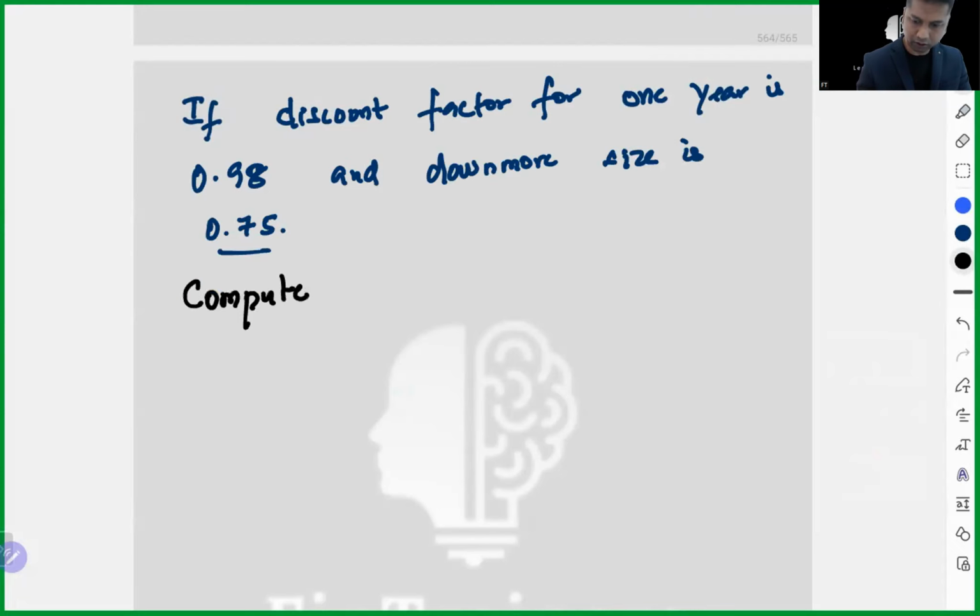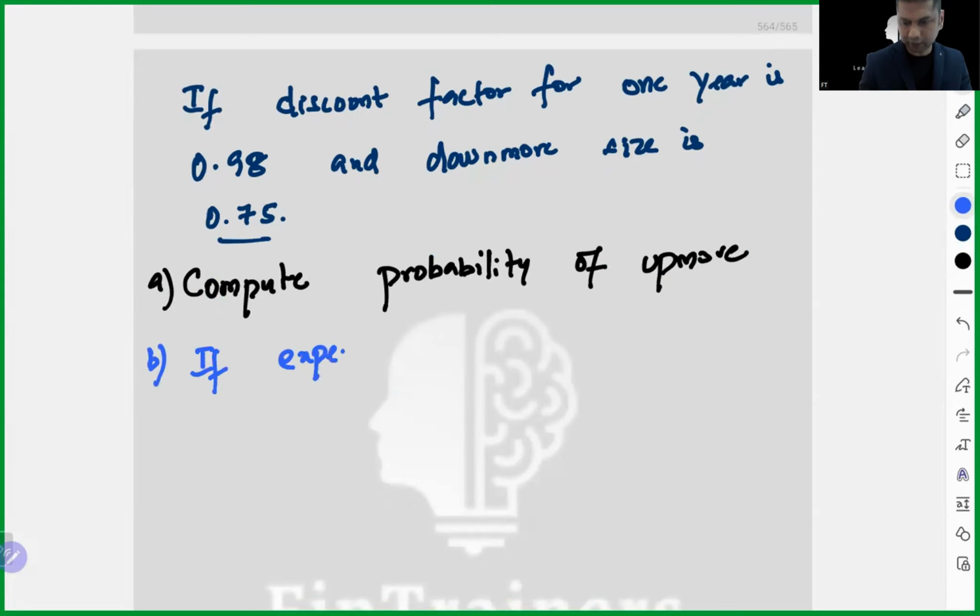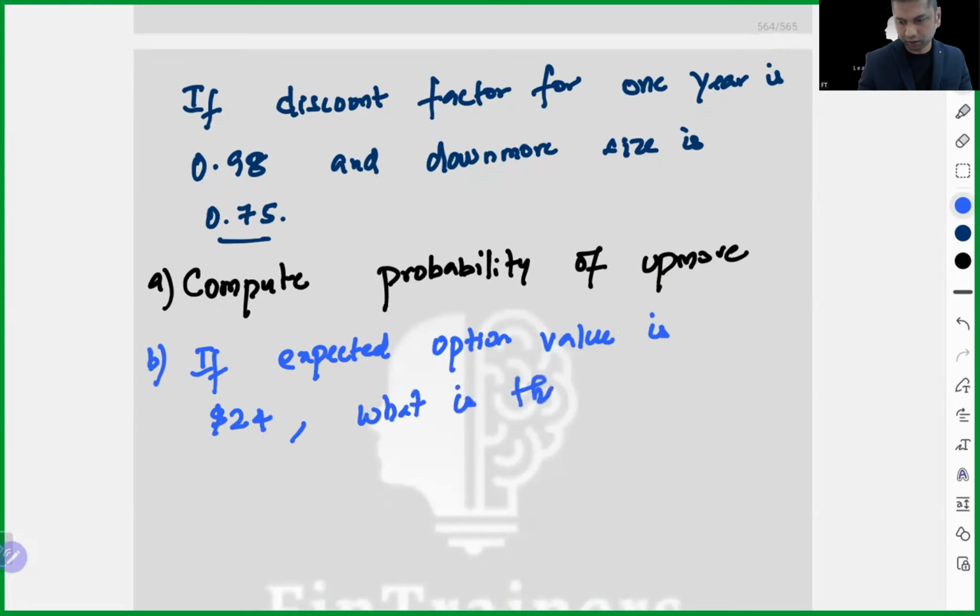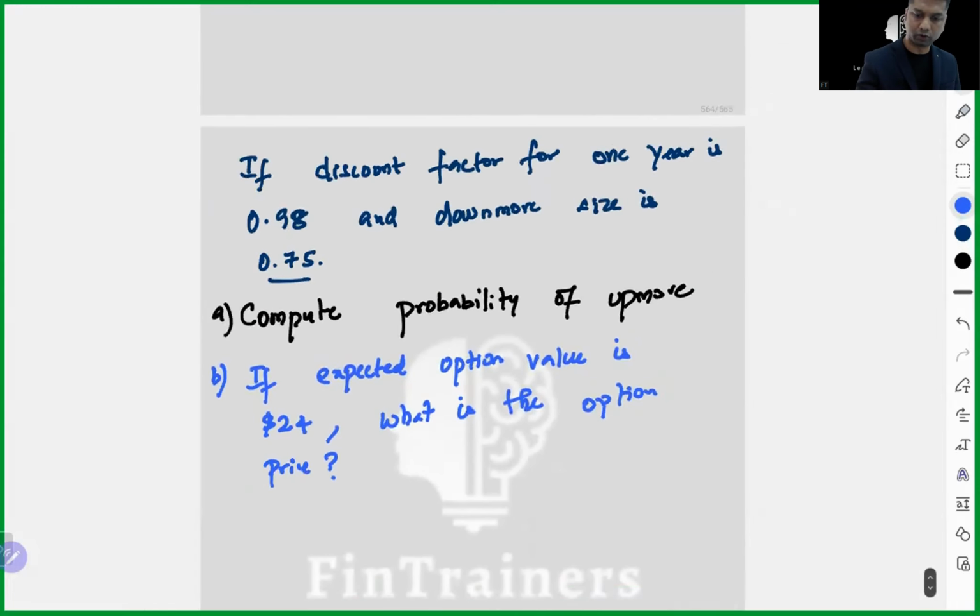Compute probability of up move. A. If expected option value is 24, what is the option price? Okay, discount factor means so this is your 1 by 1 plus R to the power n.